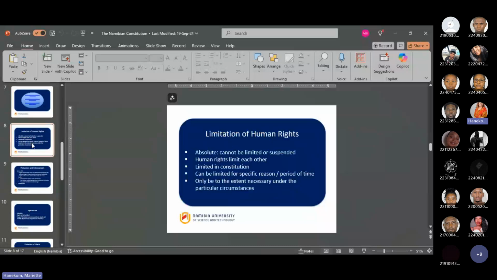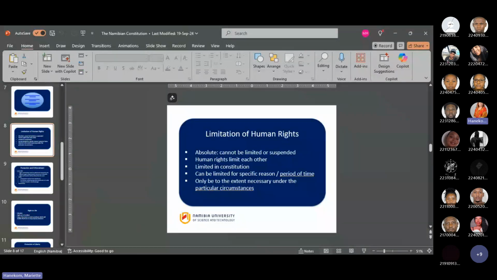Now, it's all good and fine to say that every single person has their human rights. But of course, we are multiple people in the country, and sometimes it can happen that one person's rights might come into conflict with another person's rights.